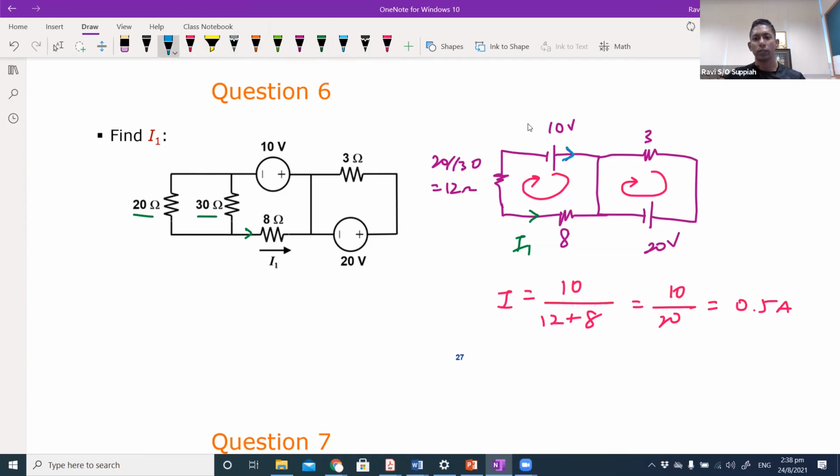But the label of I1 is given in the opposite direction. So since the label of I1 is given in the opposite direction, you must say the I1 is actually negative 0.5 ampere.